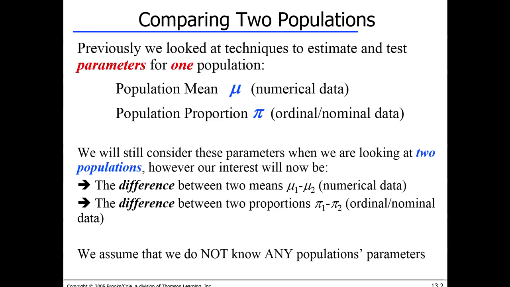We're trying to decide something about the difference, mu1 minus mu2 or p1 minus p2, right? And our evidence really comes in the form of two samples now. We have a sample from population number 1, a sample from population number 2. So we have to evaluate this evidence and see what it means.